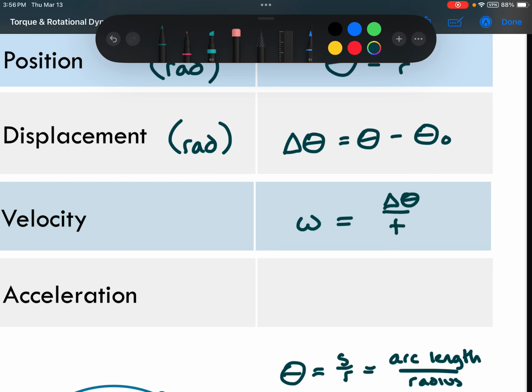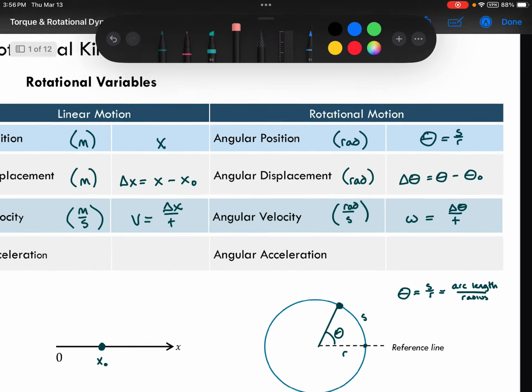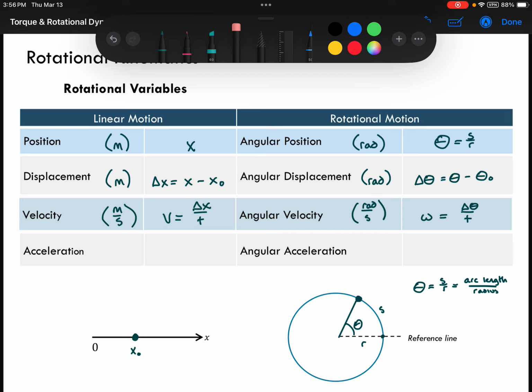And if we think of delta theta as radians, divided by time, radians per second is our SI unit for angular velocity.